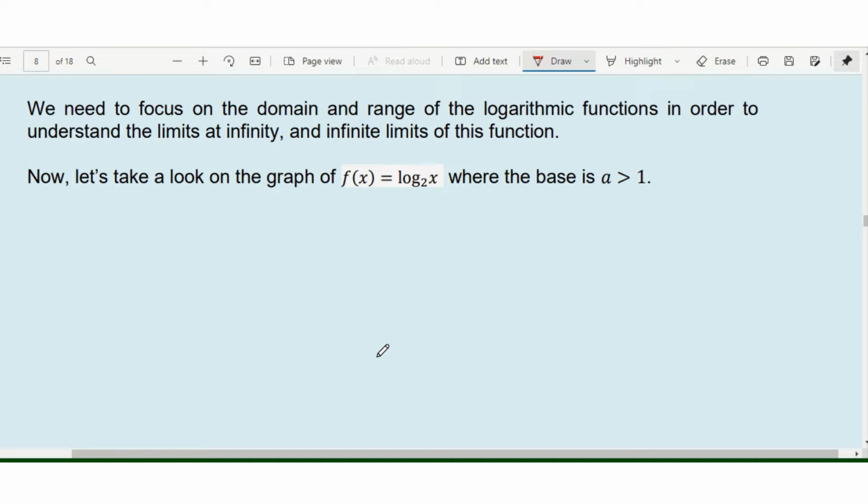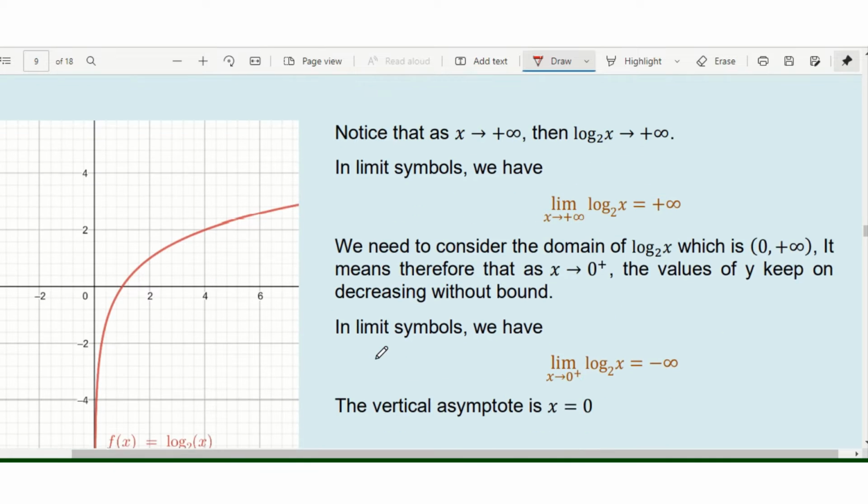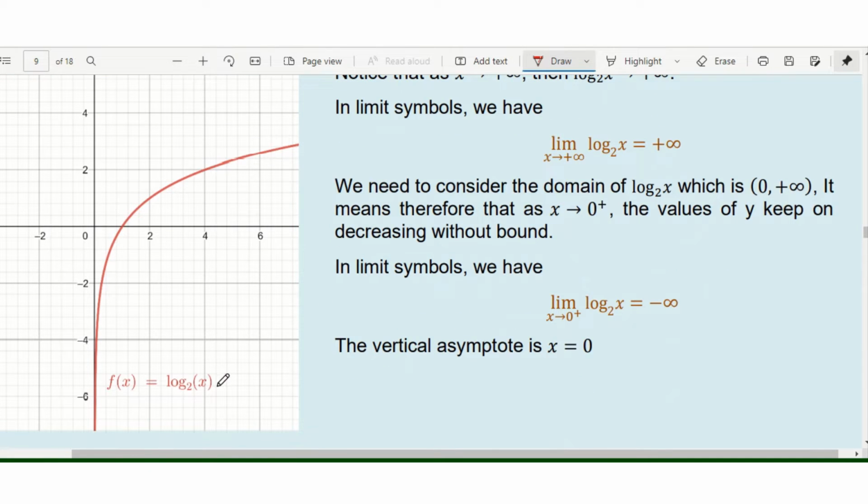Let's look now at the graph of f of x equals logarithm of x base 2. This is the graph of the logarithm of x to the base 2. And as we can see here, the domain x is a set of all real numbers which are positive. That is why when x keeps on approaching 0 from the right, as you can see, this is x equal to 0, the vertical asymptote, and it does not allow the graph to pass through it.